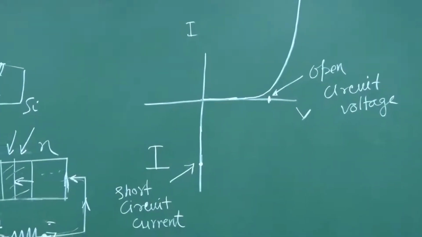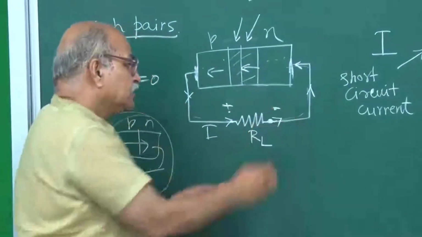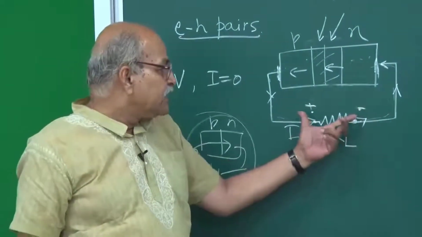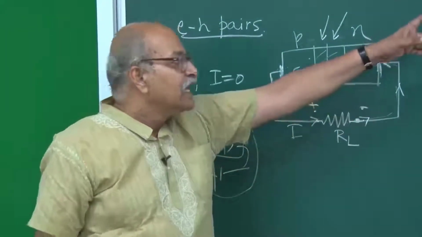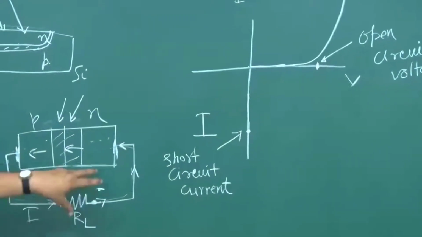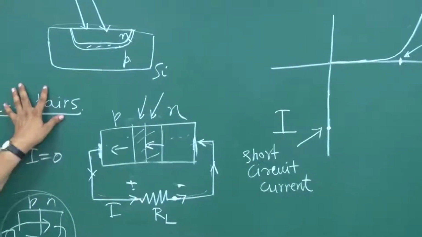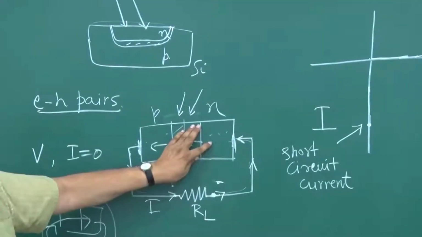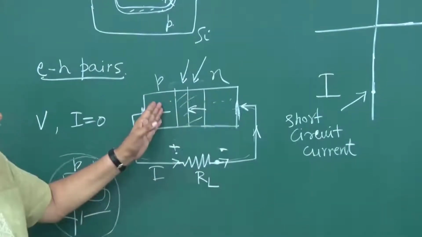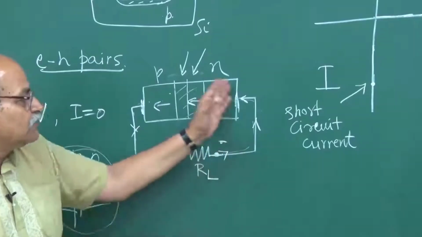Now, if I am putting this RL and this side is becoming at higher potential and this side at lower potential, then I am doing some kind of forward biasing, and this kind of current will be superimposed on that photocurrent. Because of this light, because of this EH pair production here, and because of this internal field which is drifting electrons this side and holes this side, you have a current which you can call photocurrent.